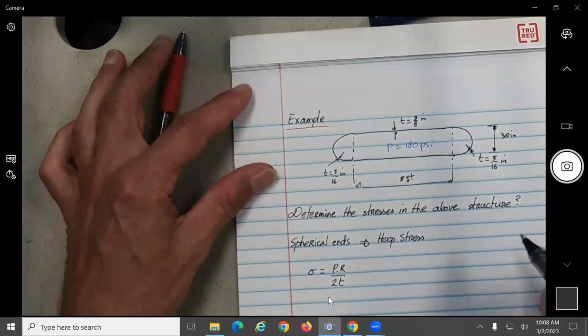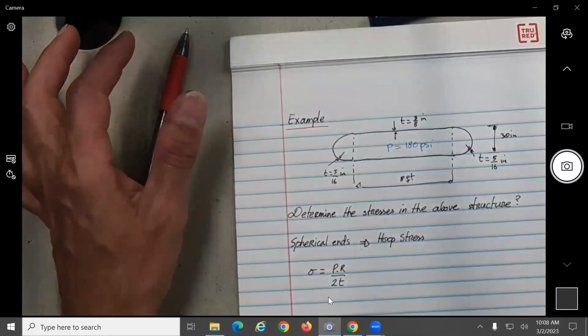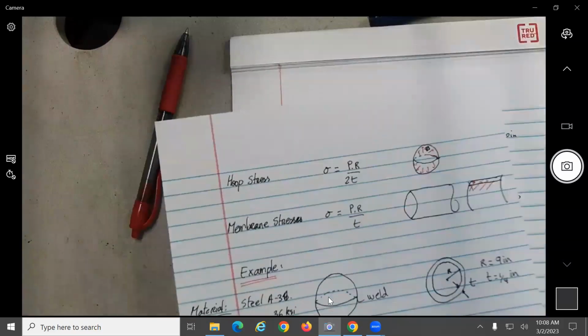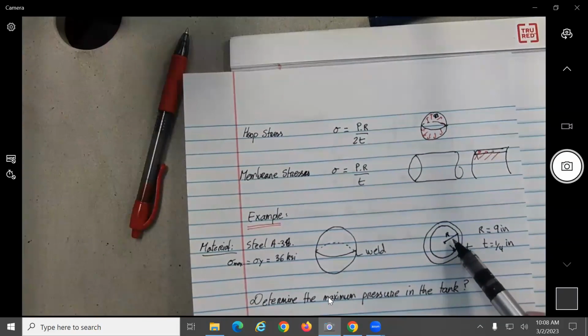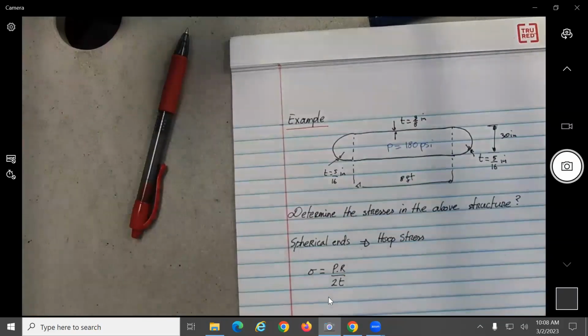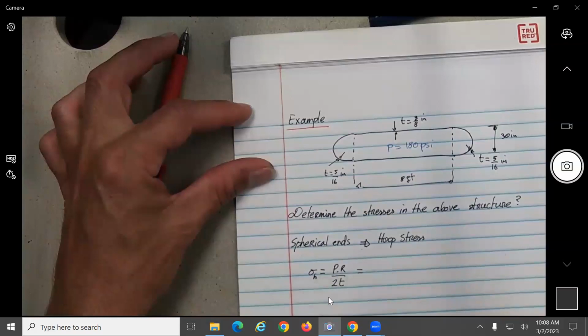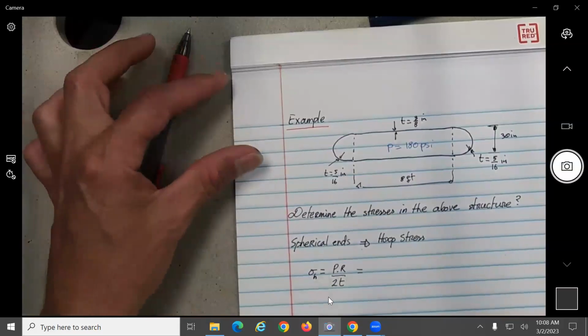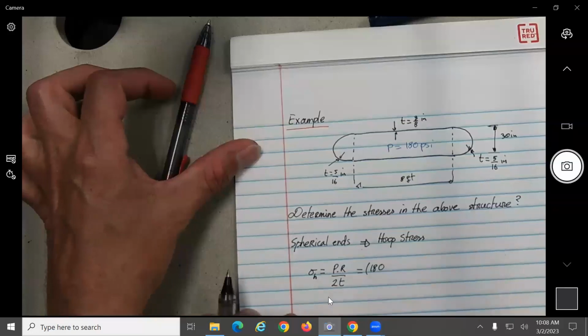Okay, so here we need to be a little bit careful with the radiuses because, like before, when we mentioned the radius here, what is the radius? The inside or outside? Inside, okay? So when we do the calculation, let's say this will be sigma sub h. We know P is equal to 180.